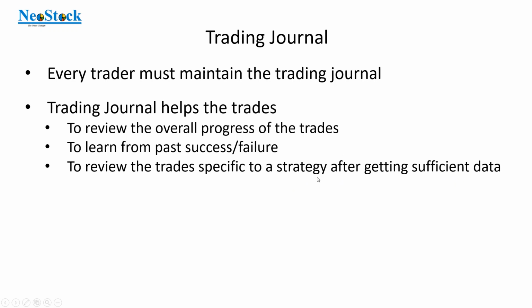So what is the meaning? Suppose you are doing trades based on a specific strategy. By adding each trade's information into this trade journal, you can review after getting sufficient data, maybe after 1 month or 2 months or 3 months or 6 months.